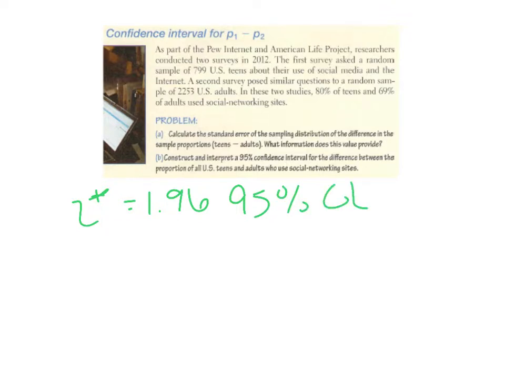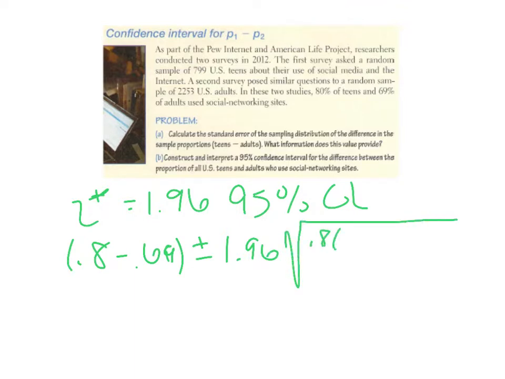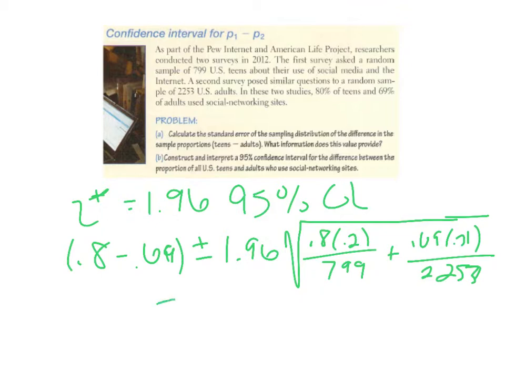Then I could use my formula of my test statistic, so 0.8 minus 0.69 plus or minus my critical value of 1.96 times all those standard errors, which is going to give me a confidence interval of 0.076 to 0.144. Or I can go ahead and do that on the calculator.